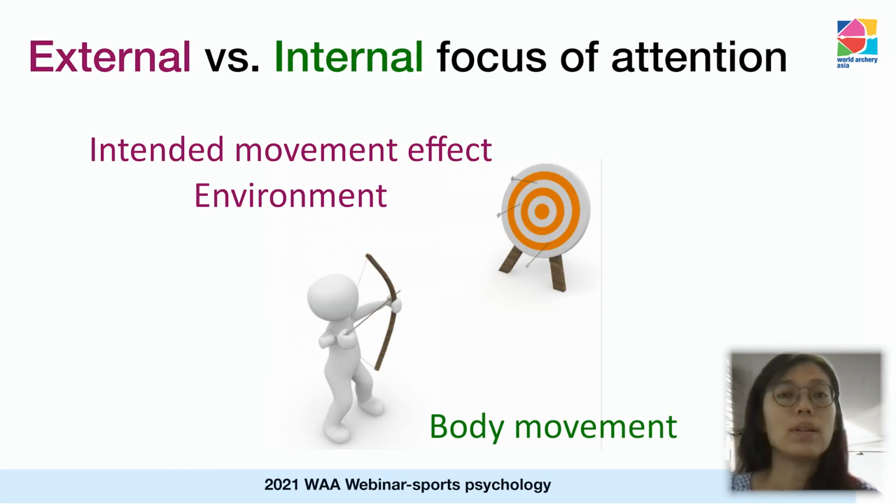In one of the early studies of Wulf, she tested this idea in learning to ski on a ski simulator. So the instruction is to tell the learner to concentrate on the outer feet or on the wheels near the feet. So you can see, it's actually very close between these two instructions.